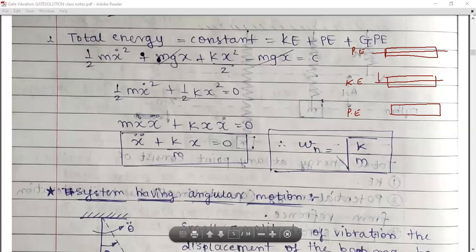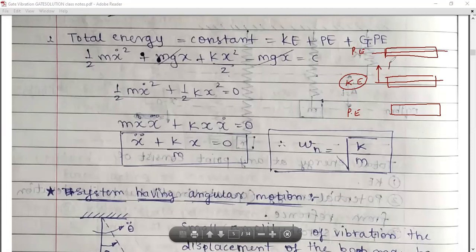It means if the body is moving from the mean position to the maximum displaced position, at the mean position the kinetic energy is maximum, then as it displaces from the mean position, this kinetic energy reduces and changes into potential energy.